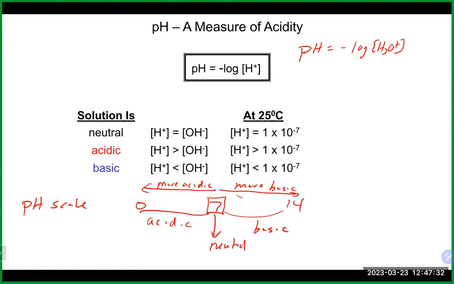If you have a display calculator, you should punch it in exactly the way the formula is written: negative log and then the H plus concentration, probably using your exponent button. If you have a non-display calculator, you actually need to start with the number, then hit log, and then hit the negative. So you have to work backwards.